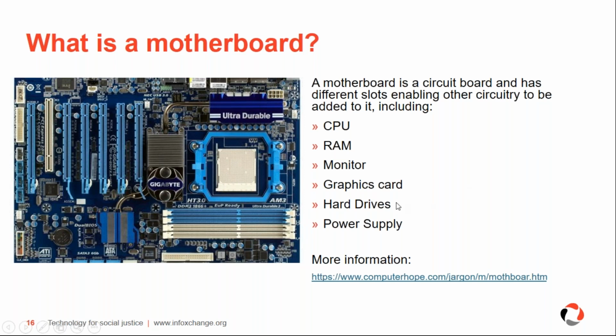We'll talk a little about hard drives, which clip straight into the motherboard. The power supply generates power to the motherboard and gives power to the device. Basically, the motherboard houses all of the different components you need to run a machine.